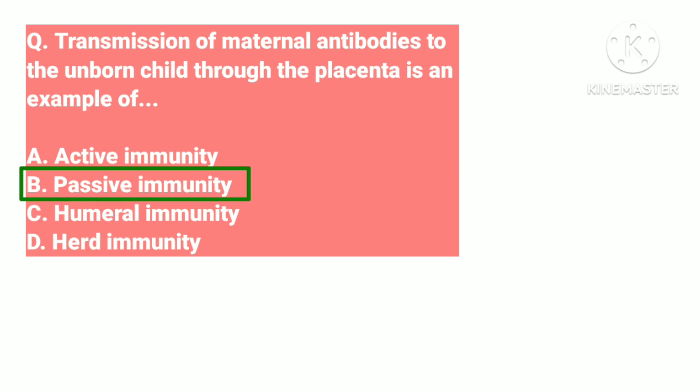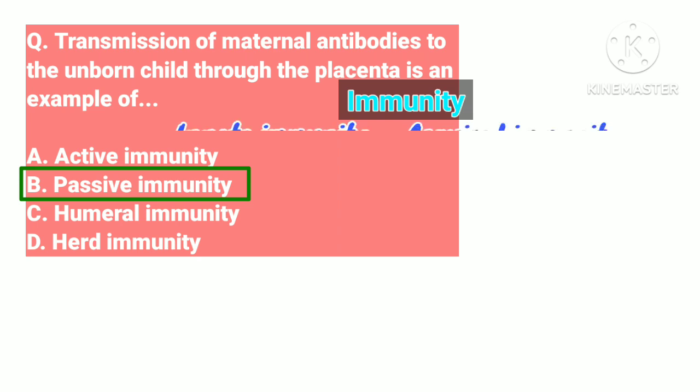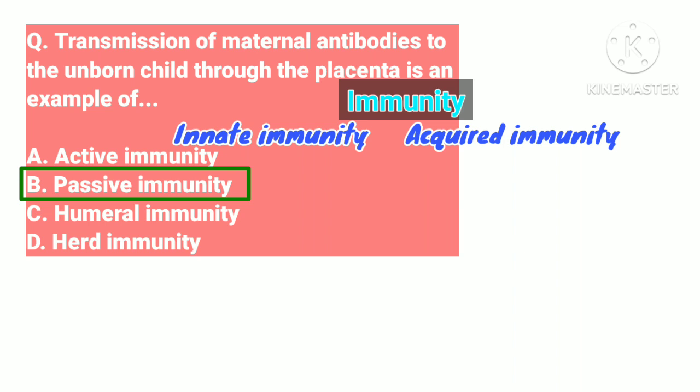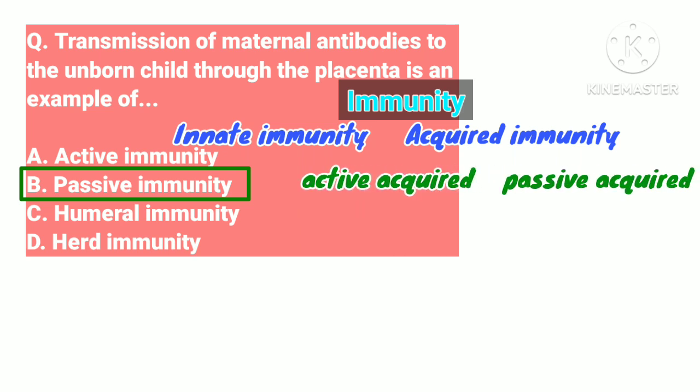Passive immunity. There are two types of immunity: innate immunity and acquired immunity. Innate immunity is already present in the body, and acquired immunity is further divided into two types: active acquired immunity and passive acquired immunity.